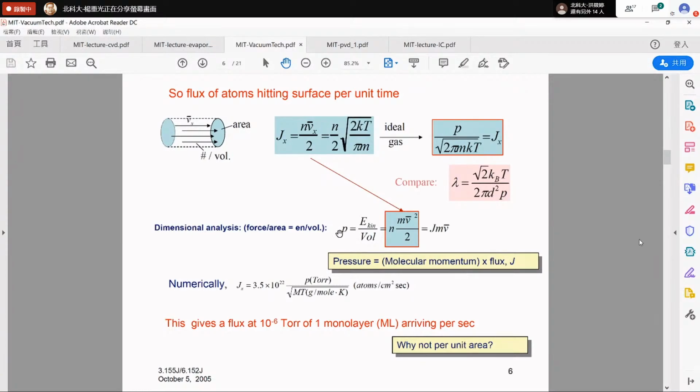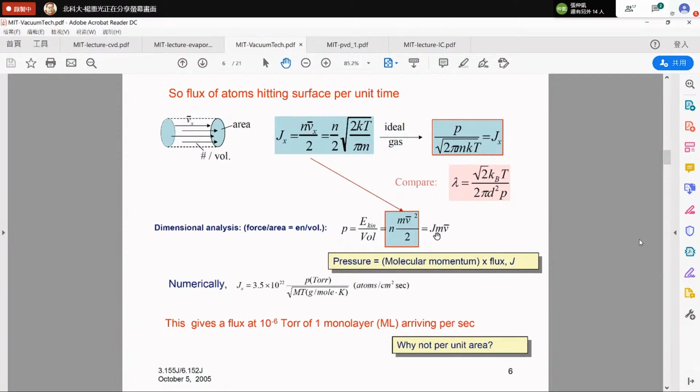We can use this force divided by area equal to the kinetic energy divided by the volume, and you get the flux times momentum. So pressure is molecular momentum times flux.